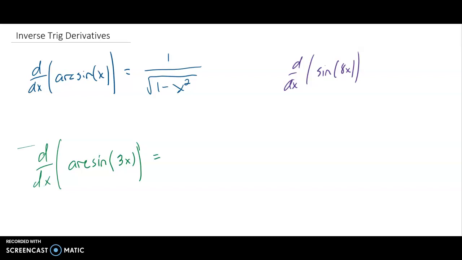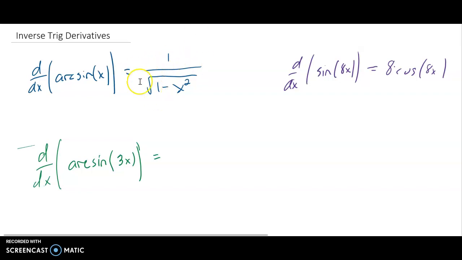It's a quick chain rule problem. You would do the derivative of the innards, which is 8, times the derivative of the outer, which is sine of. The derivative of sine of is cosine of. And then what goes in the of? My original 8x. So that's just chain rule.